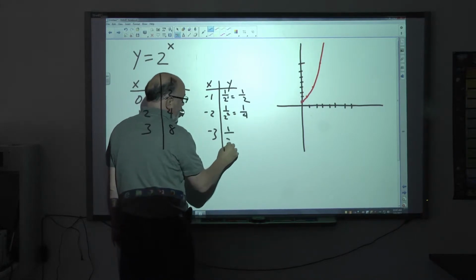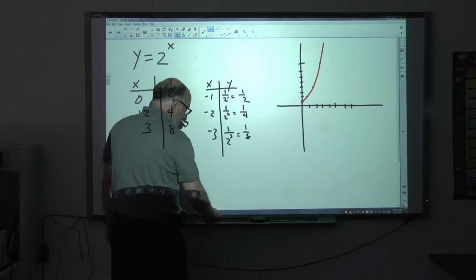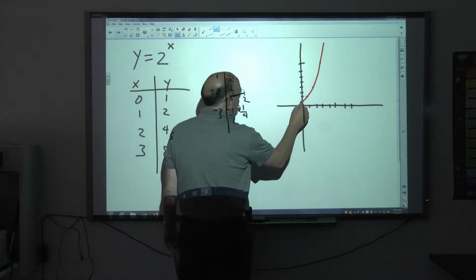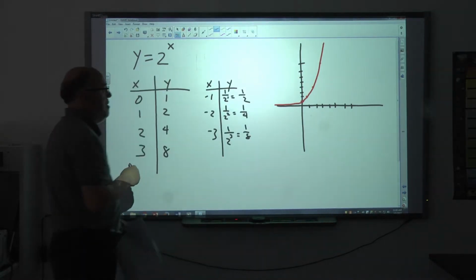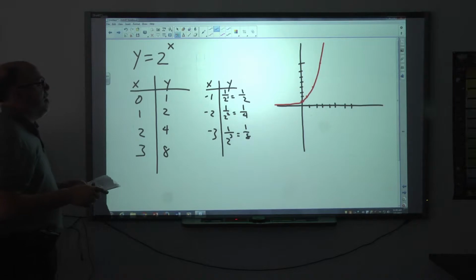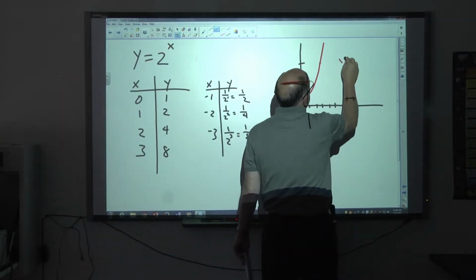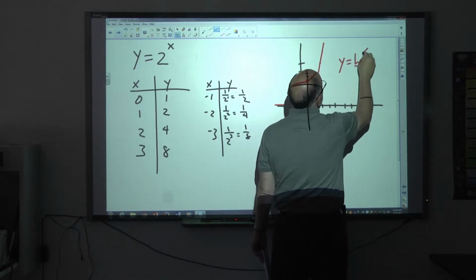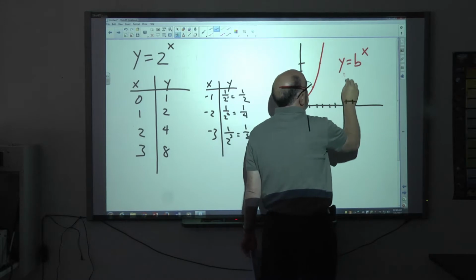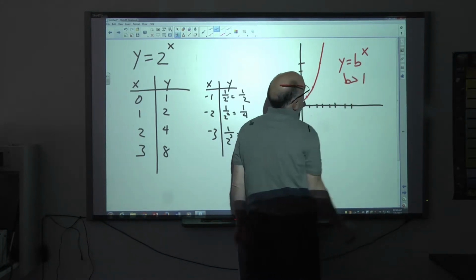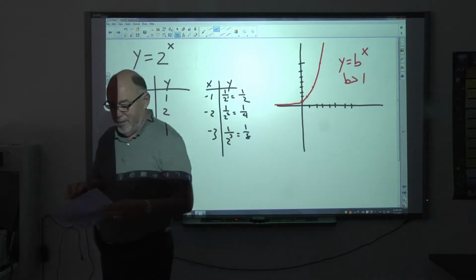And this would be 1 over 2 cubed, so 1/8. Going this way, it's tailing off something like that. So basically they're all going to look the same: as long as b is greater than 1, they all have the same kind of shape.